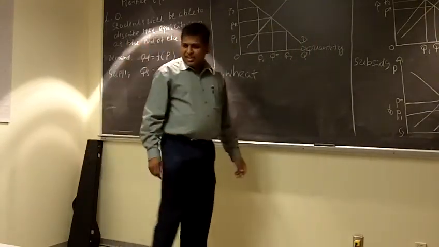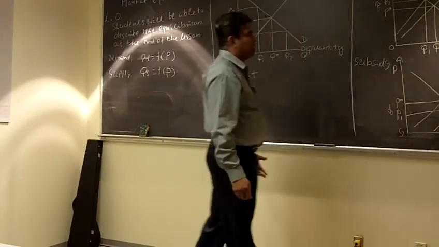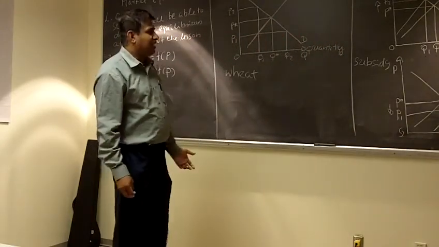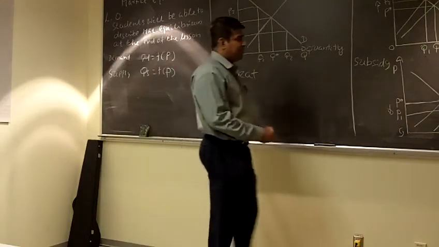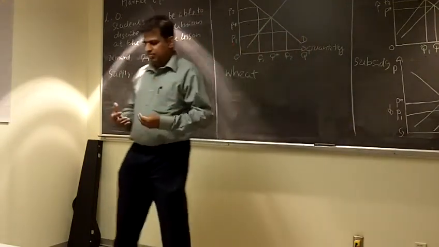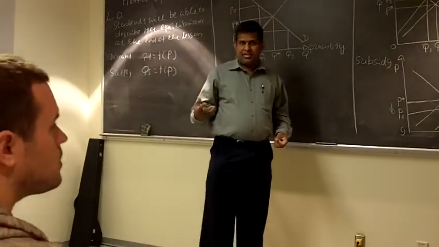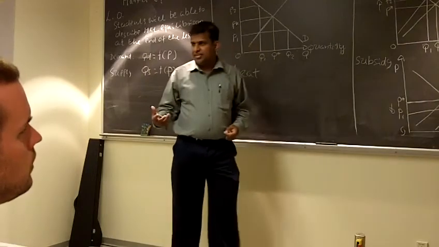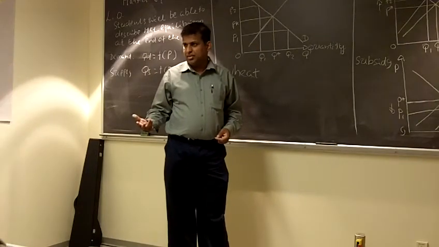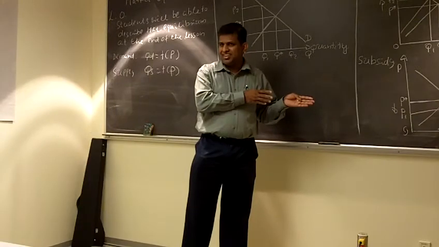Then do you have any question? If you don't have a question, just tell me, or if you like, you can draw the diagram. Suppose you know that nowadays countries use wheat for ethanol production. As a result of increasing demand for ethanol, it leads to increased demand for wheat, right?